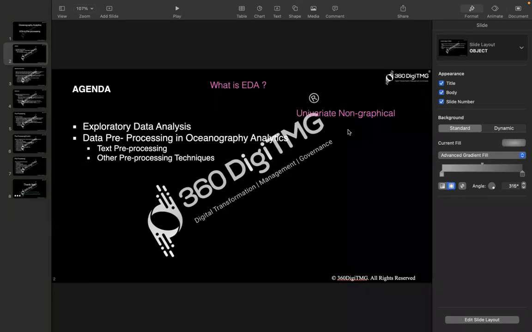This is the simplest form of data analysis. Here we use just one variable to research.